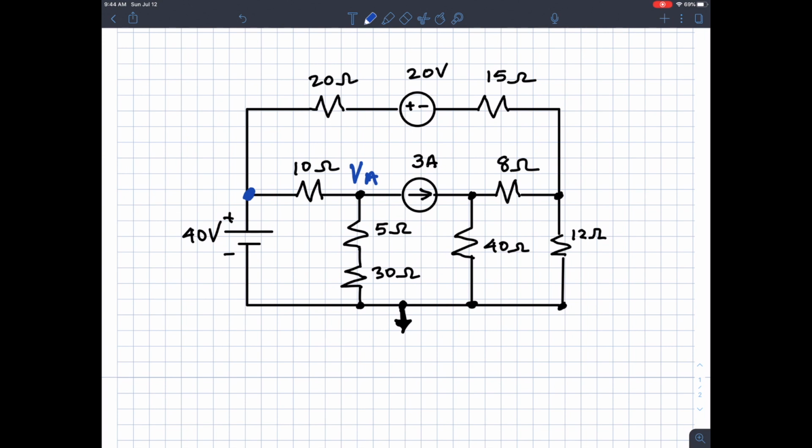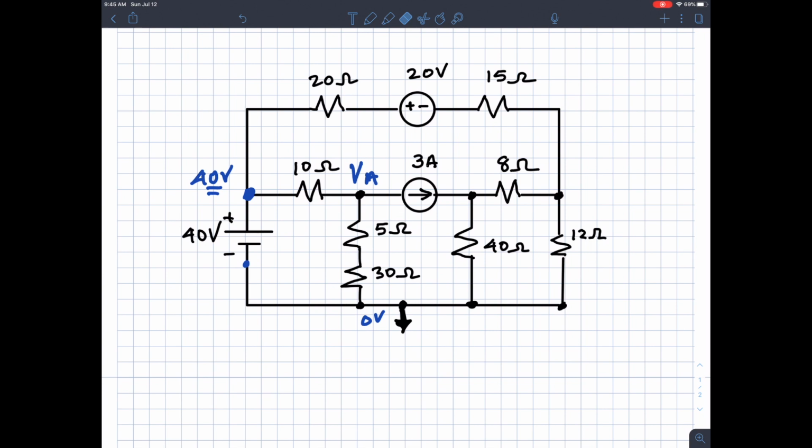What I notice right away, because I've done a lot of these, is that this dot is at 0 volts, and on the other side of the voltage rise is a voltage difference of 40 volts. This dot would be 40, which makes this node 40 volts. So it's not really unknown. That's one of the things you need to be able to see. We'll call that node 40 volts.